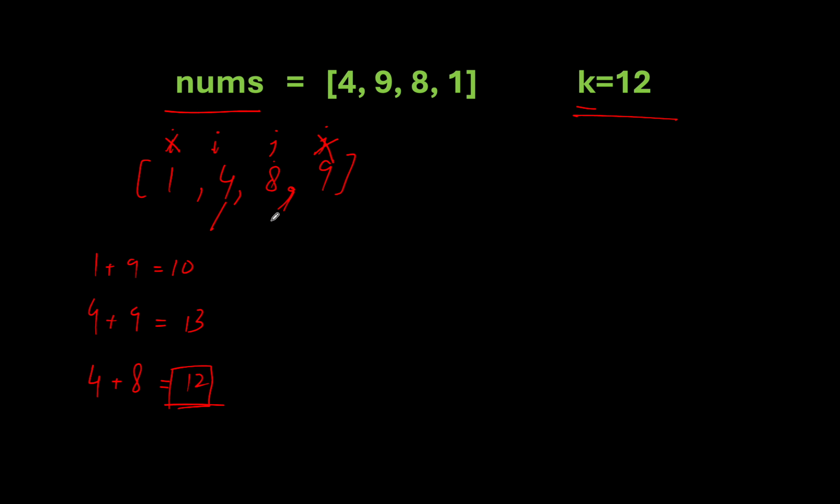Now we will remove these two from the array. The array will be 1 9, but there are no two numbers whose sum is equal to 12, and i and j have already crossed each other, so we won't check further, and our answer will be 1 because we performed one operation.